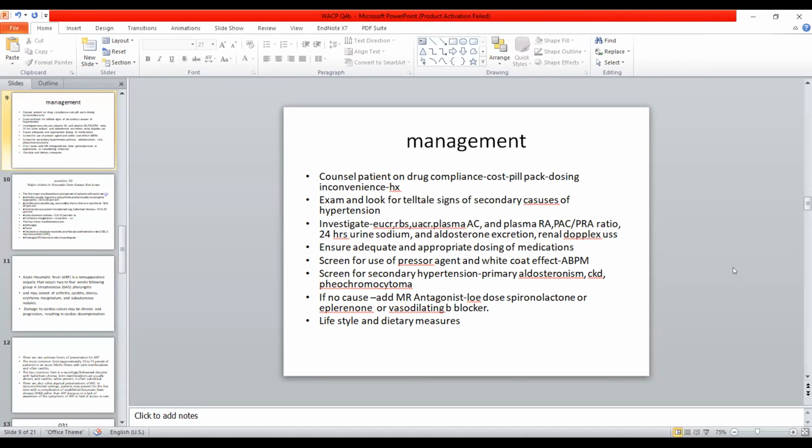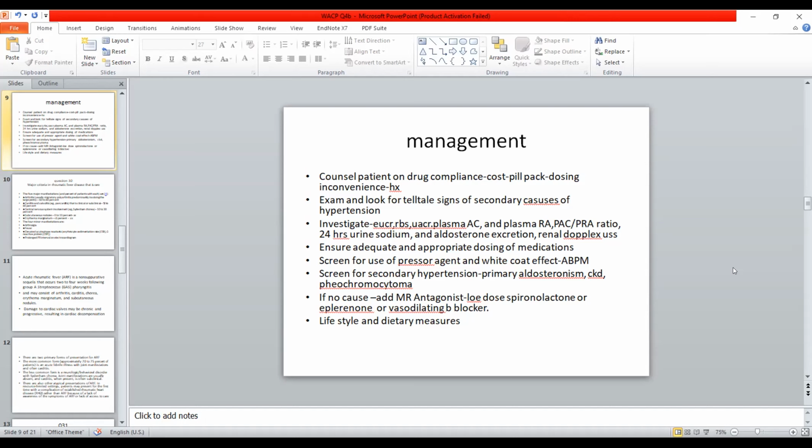Yeah, this is the management slide, sir. Any surgical intervention? For pheochromocytoma, that may be required. So that's when there is a secondary cause, like pheochromocytoma. These are secondary causes, which can also be responsible for resistant hypertension, is it not?